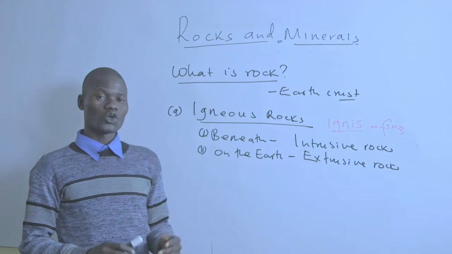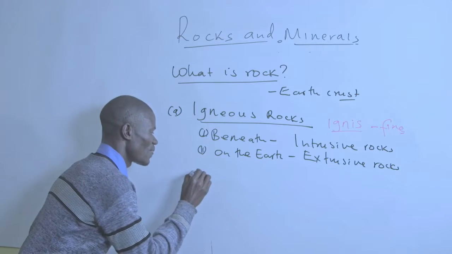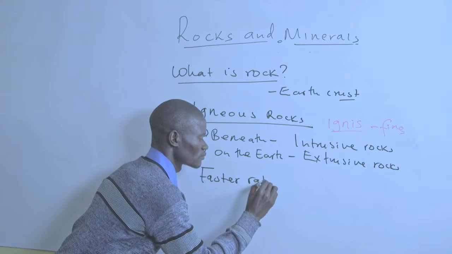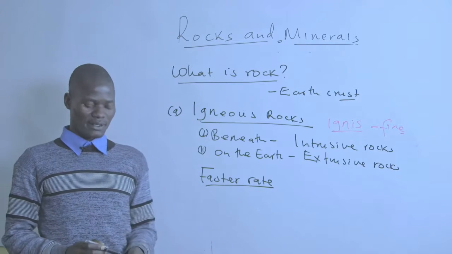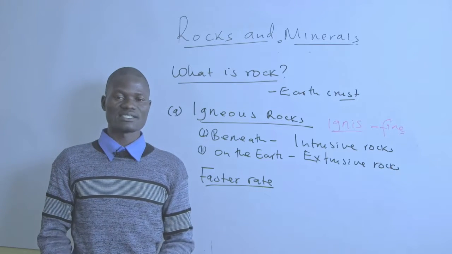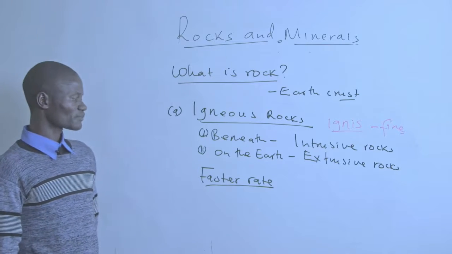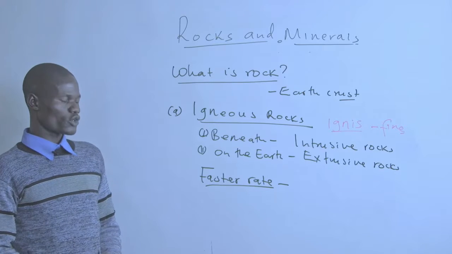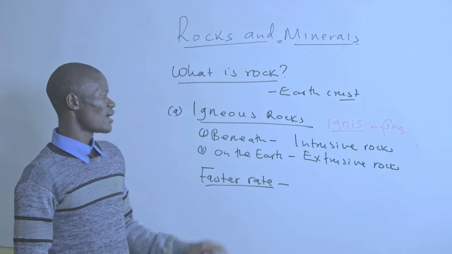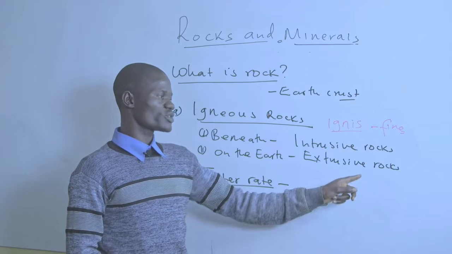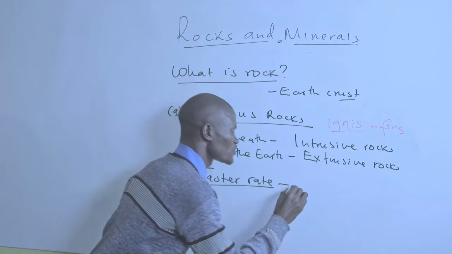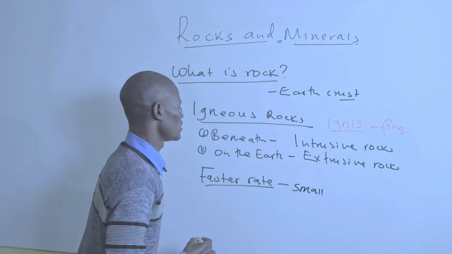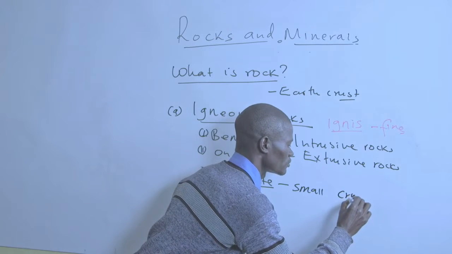When magma cools and solidifies at a faster rate, it will result in rocks, either intrusive or extrusive, that can be of small crystals.